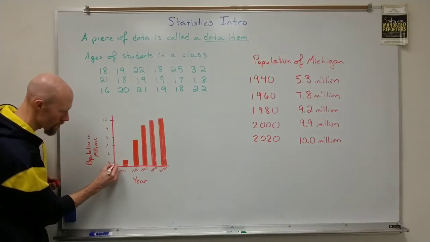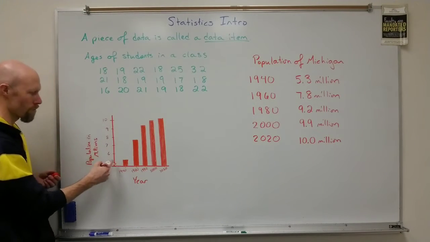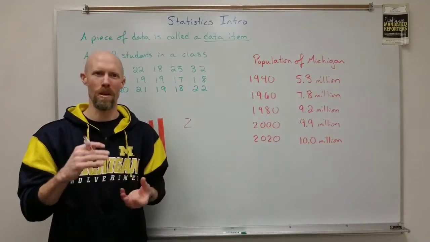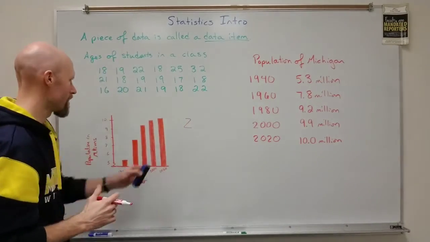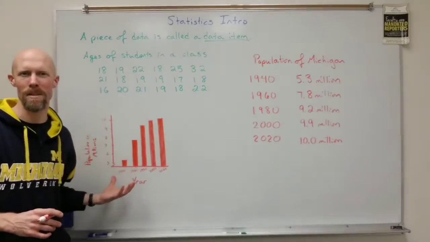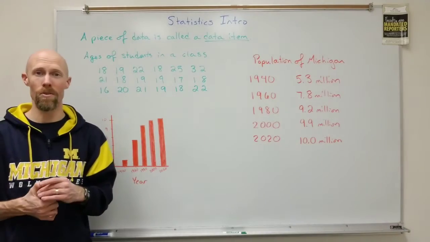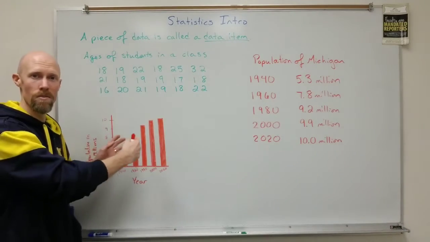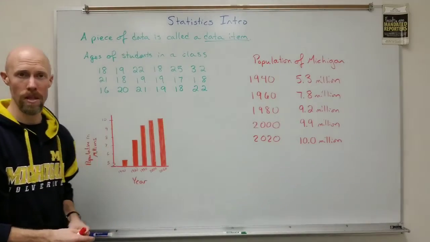And some people will do this. It doesn't really change the fact that it's misleading. I could have put a little zigzag on the axis there, and that sometimes will represent a break in the graph. Sometimes that is helpful, but other times, it's still easy to miss. And it still doesn't really give you a good visual picture of the relative sizes of those populations, okay?